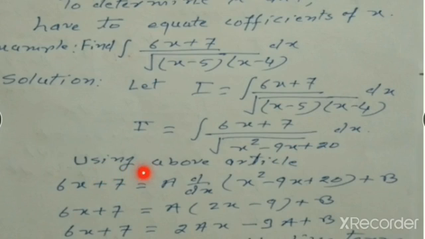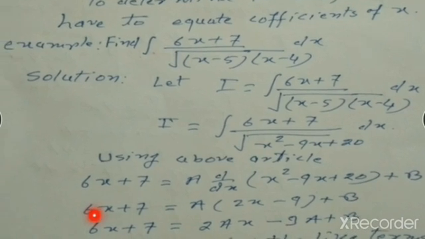Using the above article, which I have just explained to you, see, this is the numerator: 6x plus 7 is equal to a d/dx of (x square minus 9x plus 20), this is the denominator without the square root sign, plus b.